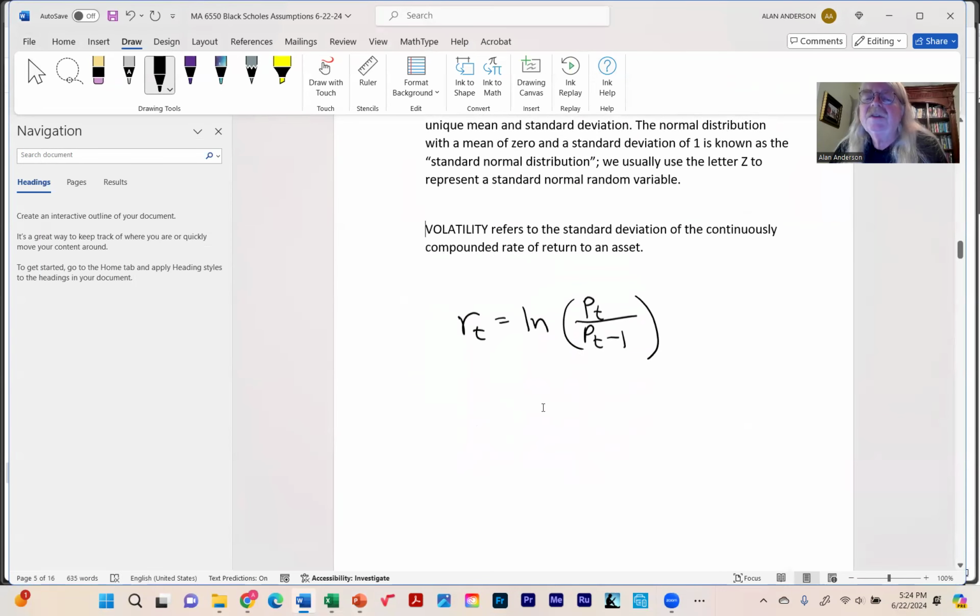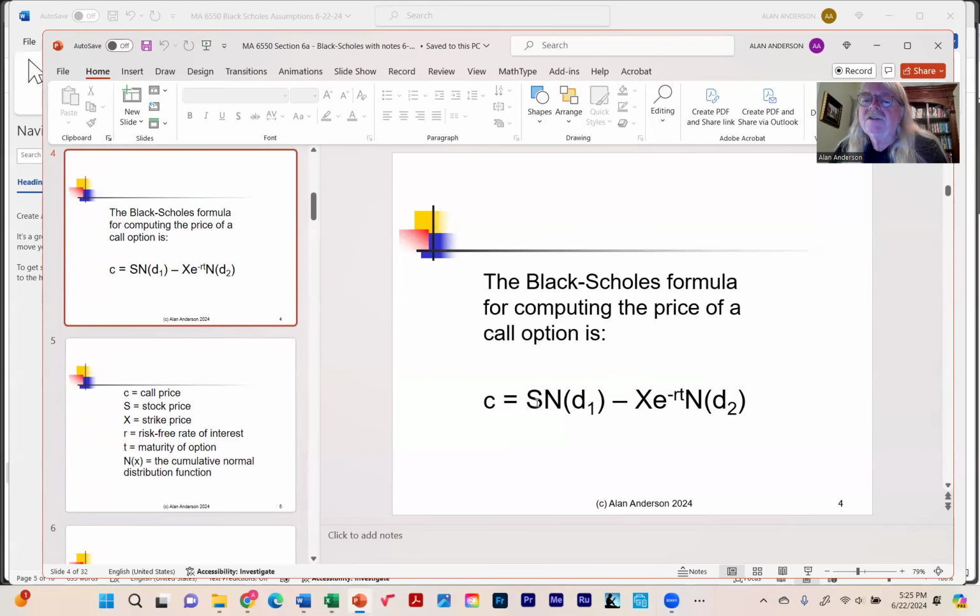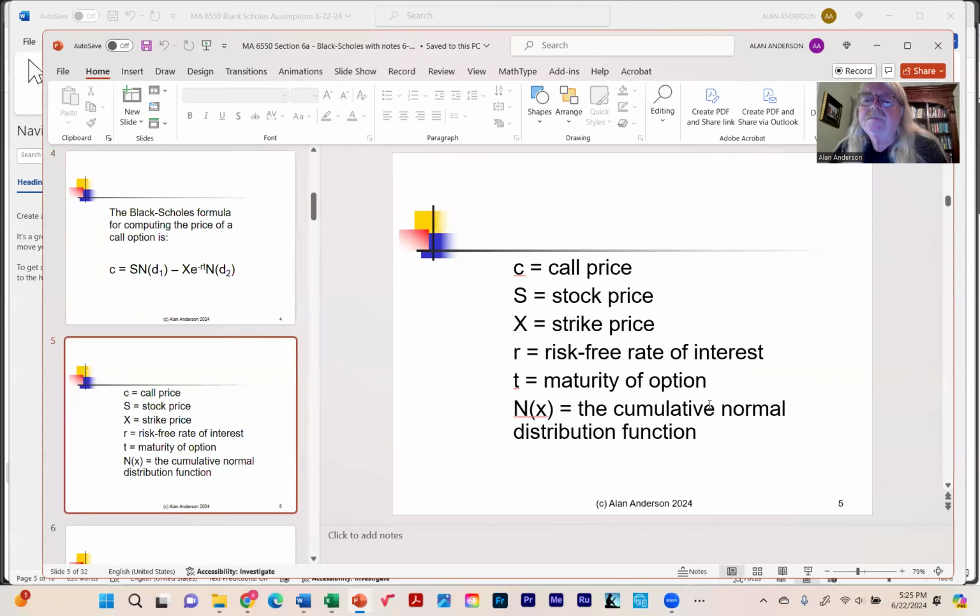Specifically, what we're considering is not the prices of the asset underlying the option, but the returns. If this option is written on Apple stock, S represents the price of the Apple stock, but the volatility is based on the returns to the Apple stock.